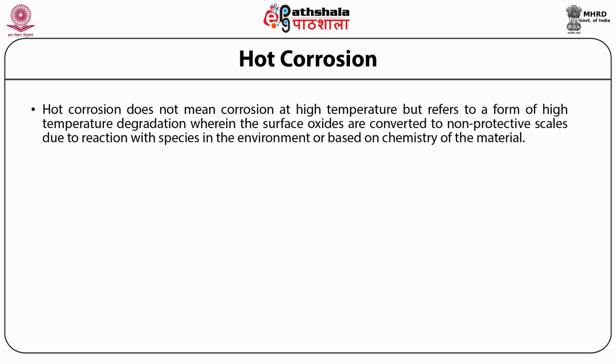When jet engines operate in marine environment, which is frequent in a country like India with a large coastline, then problems arise due to NaCl that comes in through the ingested air.